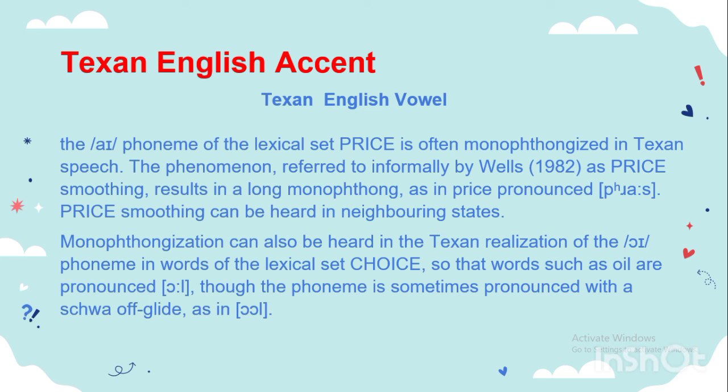The I phoneme of the lexical set PRICE is often monophthongized in Texan speech. The phenomenon, referred to informally by Wells, 1982, as price smoothing, results in a long monophthong, as in price pronounced prahs. Smoothing can be heard in neighboring states.